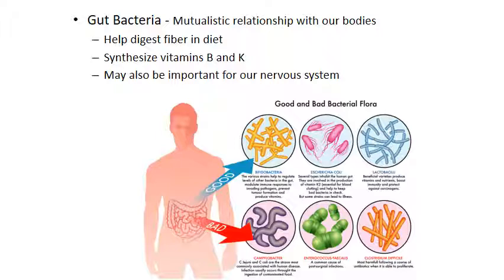They also make vitamins for us, vitamins B and K. And we've been learning recently that if you don't have certain kinds of these gut bacteria, it can actually lead to different mental disorders. Autism has been shown to be linked with the absence of the good bacteria. But a lot of new research is being done to see if we can give those people the good bacteria that they need.